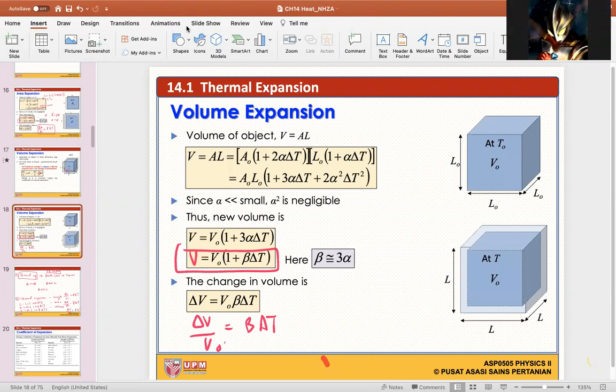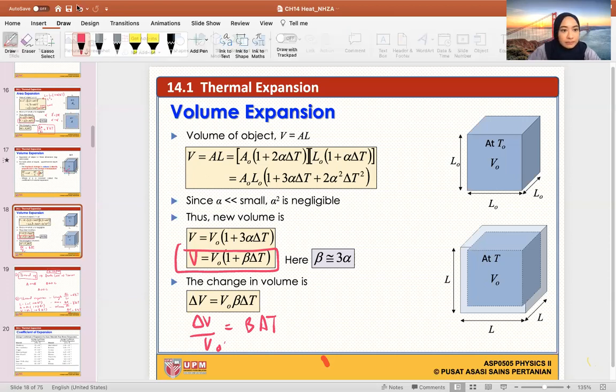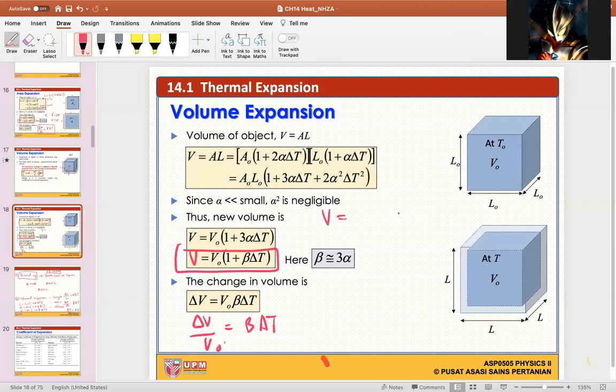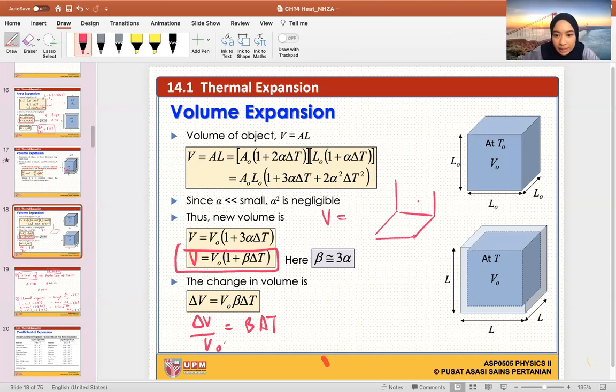Okay, what's wrong with the volume? The A0 and L0 disappear completely, how come, Doctor? Okay, we know volume is area times the height, right? So this is area times L. When you times area with L, you get volume. So when A0 times L0, this gives you V0. Okay, so far everyone okay with that?